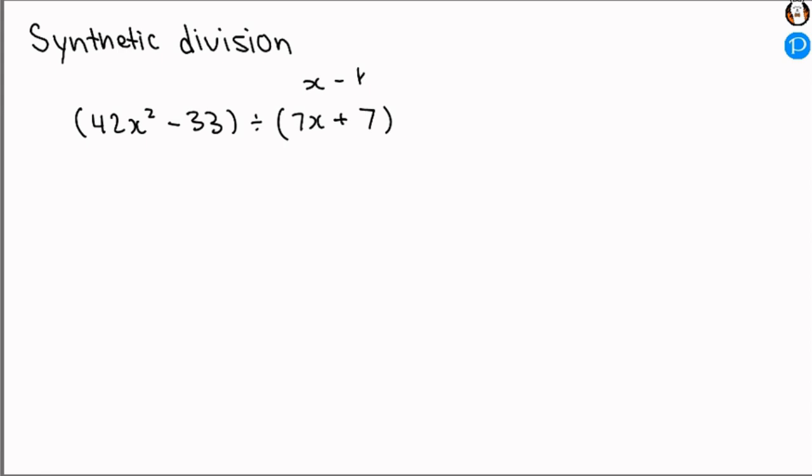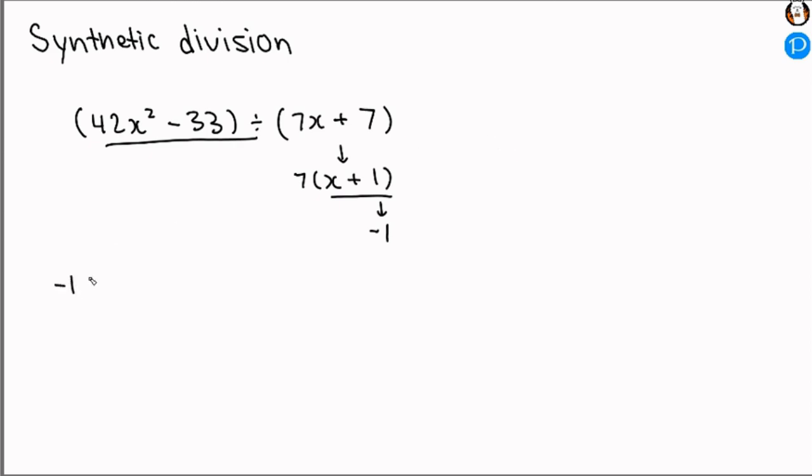So first, let's factor out the 7 from the 7x plus 7, which is going to be 7 times x plus 1. From here, we can just divide 42x to the power of 2 minus 33 by x plus 1. So k in this case is going to be -1.